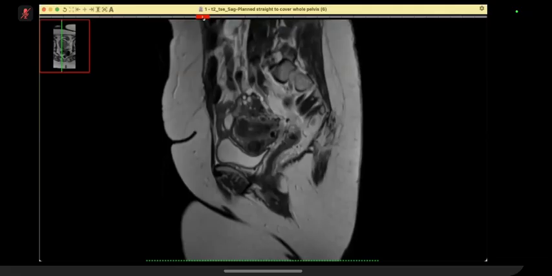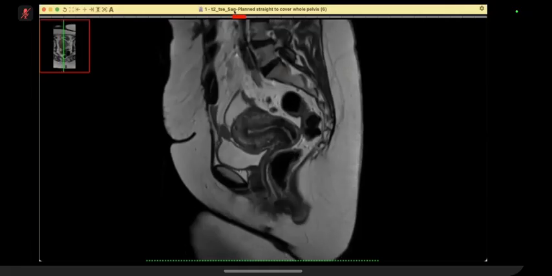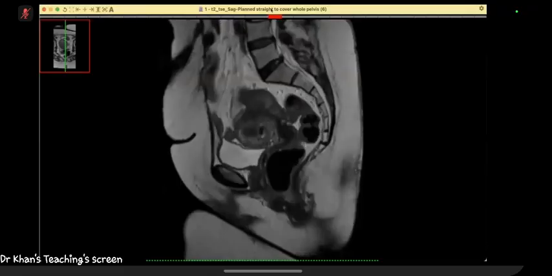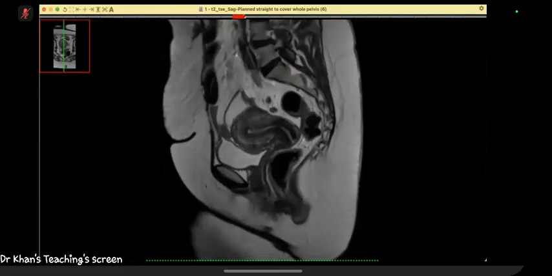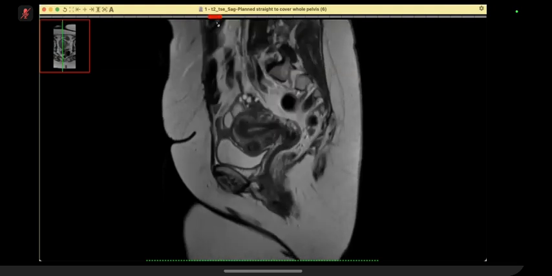The endometrial thickness is normal. And actually the cervical canal is also normal. I would like to check these lesions in the axial oblique and check also the adnexia.